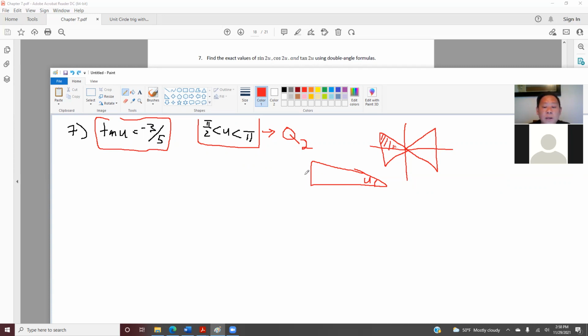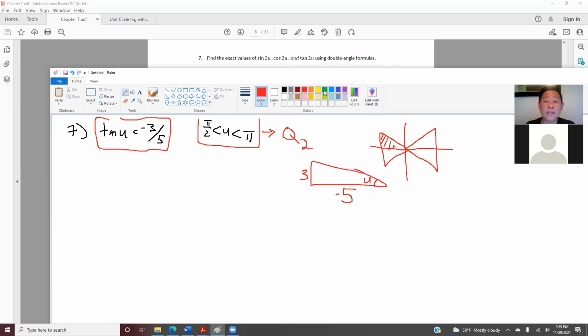So 3 in this case is your opposite, 5 is your adjacent. Which one is negative, the 3 or the 5? This is so important. The 5 is negative because in quadrant 2 your x-axis is negative. So make sure you guys know this.